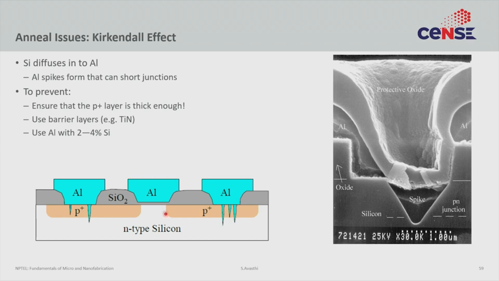So, you had a very nice p-n junction, you deposited aluminum, you were hoping for a p-n junction and a diode, but because of these spikes you completely shorted your p plus. So, now your aluminum is in direct contact with n-type silicon, so you do not have a p-n junction, you just have a Schottky junction, and often that Schottky junction has a low enough barrier that you form an ohmic contact. So, you expected a diode, you would see an ohmic contact, and that is a routine problem in two cases.